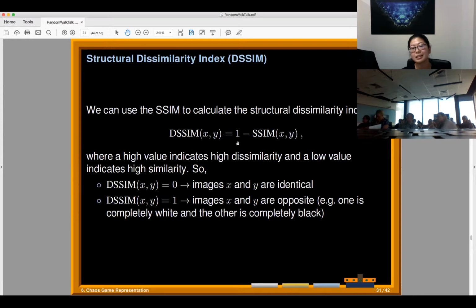This is simply 1 minus the similarity index. Just a note: if the dissimilarity index is equal to 0, it means that the images are identical, whereas if it is equal to 1, then they are complete opposites. For example, one image is white and the other one is completely black.